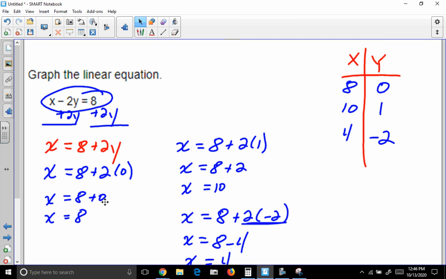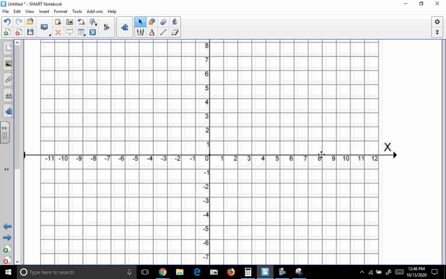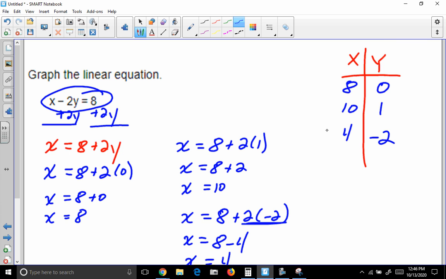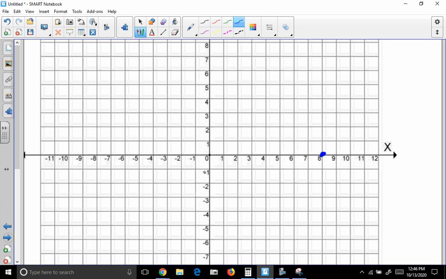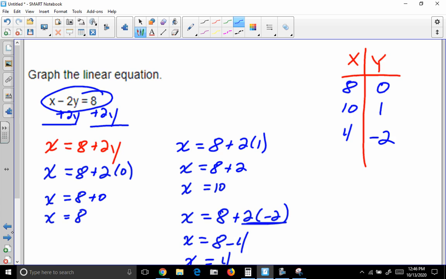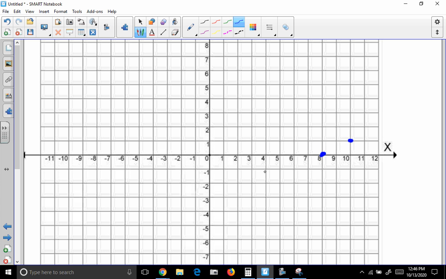So if we plot these points, we have 8, 0. So go to the right 8 and then don't go up or down any. Then we have 10, 1, so go over 10 and up 1. Then we have 4, negative 2, so go over 4 and down 2.